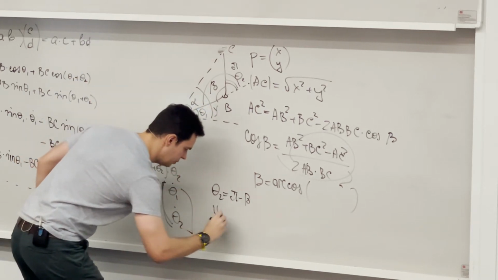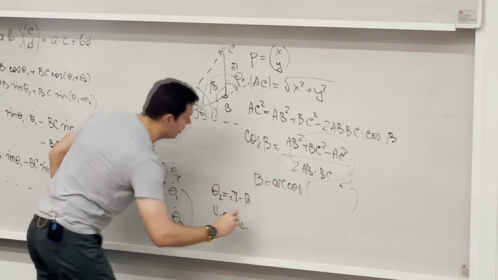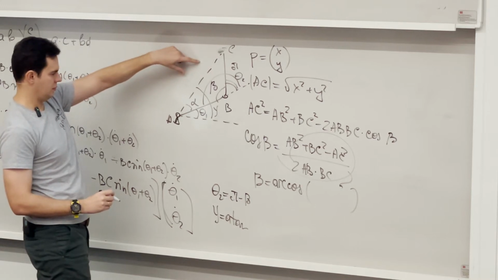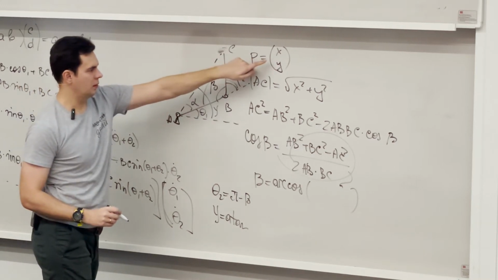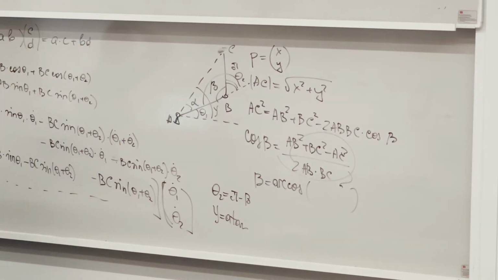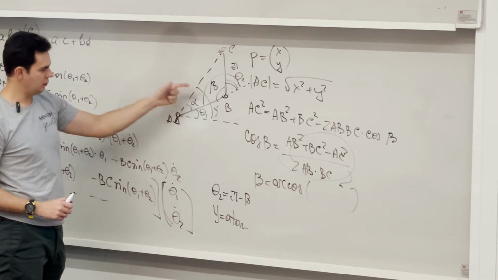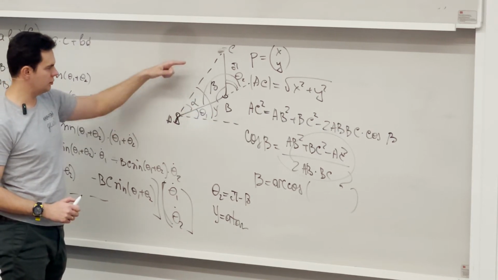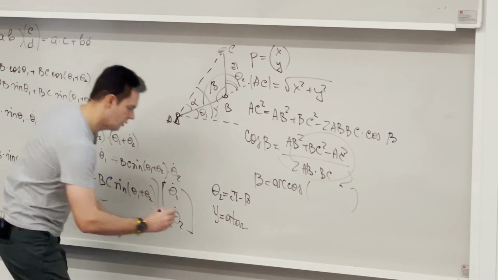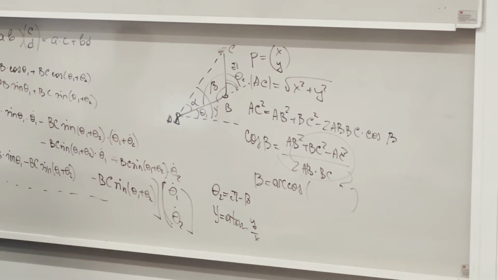Gamma can be computed as arctan of x... it's like it's the arctangent of this angle. An angle can be computed from the understanding of y and x, so like this. Do you agree?